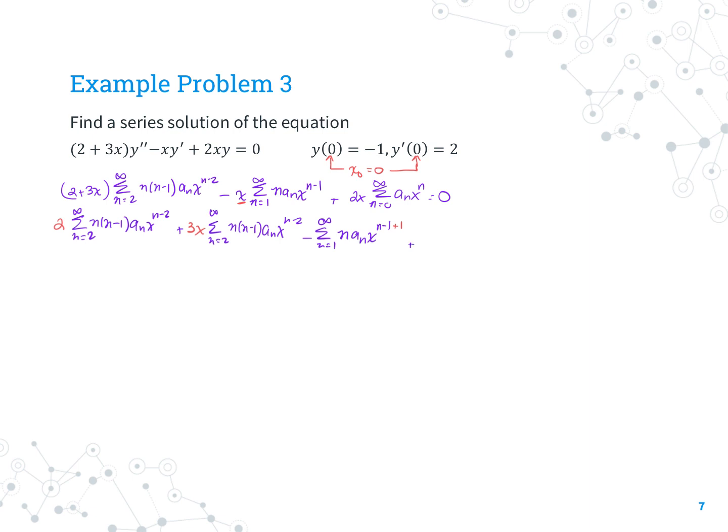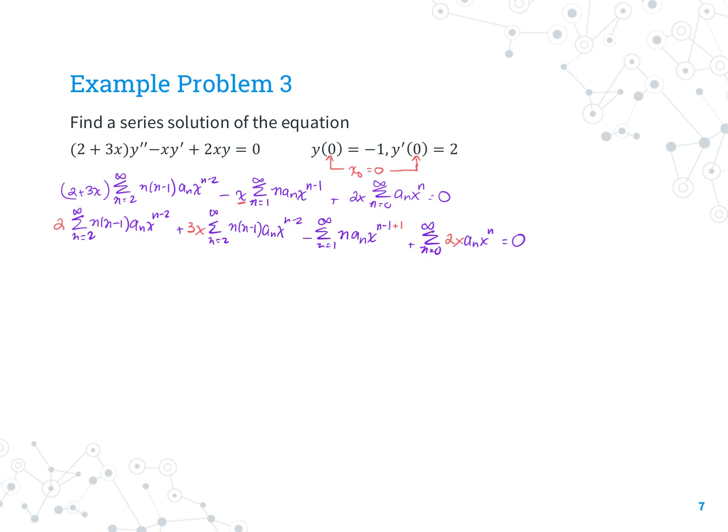And then plus, now this is where things are going to get interesting, because now we have this sum from n equals 0 to infinity of our 2x a sub n x to the n. And once we start combining those terms, now we'll have an x to the n plus 1 term. So that's going to definitely complicate where we were before.